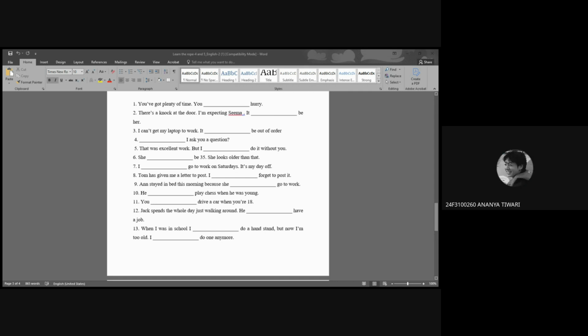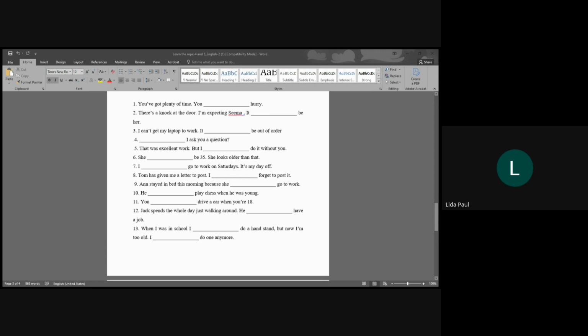You've got plenty of time. You need not, or needn't hurry is also another answer that is possible. It's a semi-modal. So needn't hurry is again a negative form for need or need to. So need not hurry, needn't hurry.